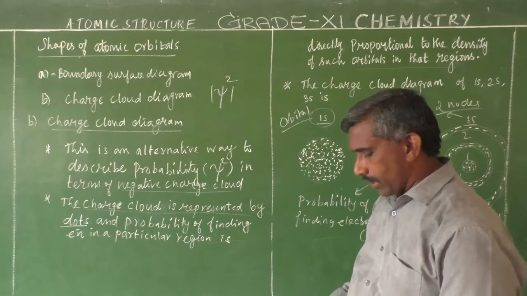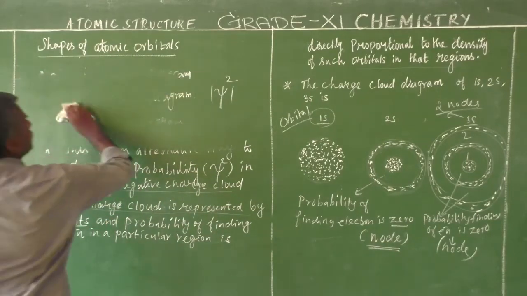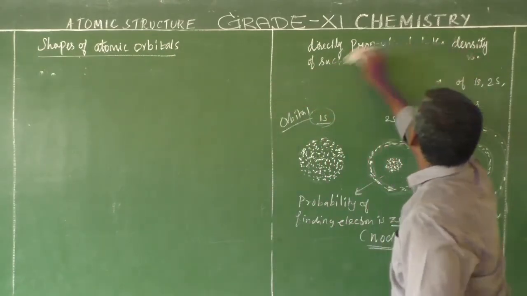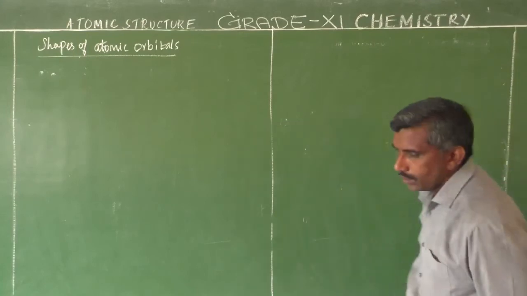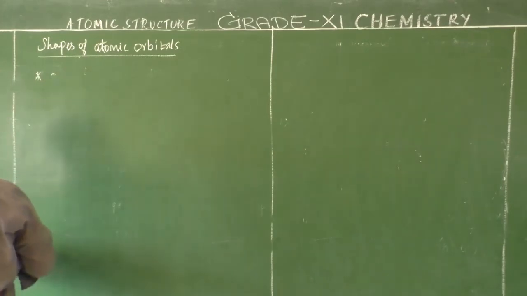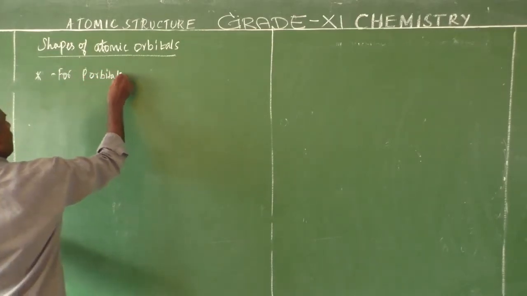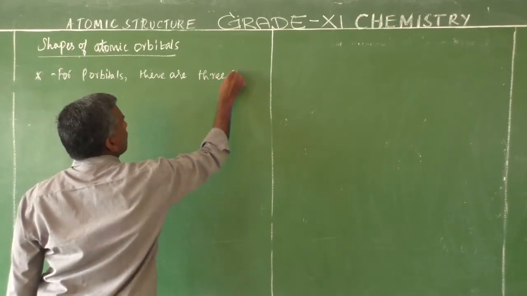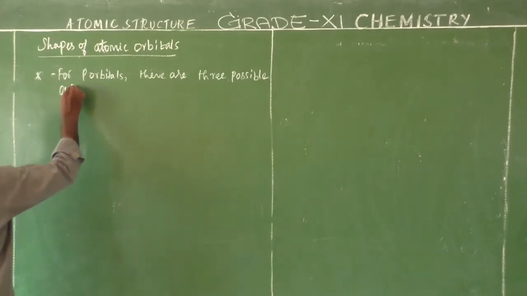Now the p orbital charge cloud diagram. So the s orbital is over. For the p orbital, there are 3 possible orientations along the x, y and z axes.